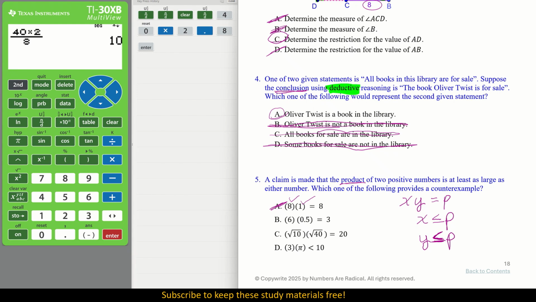Let's look at B. Well, 6 is greater than P, which would be 3. So I'm going to say that B is a definite possibility because it implies that our X is greater than our P, which in turn is a contradiction.